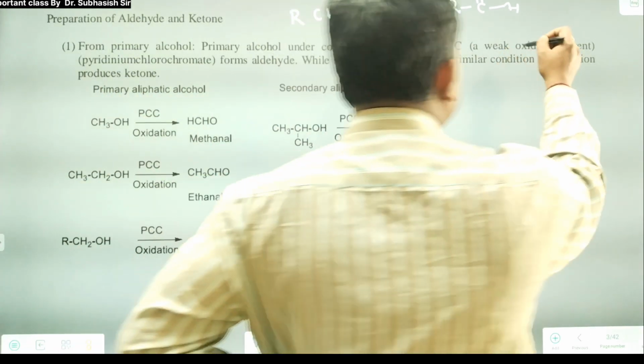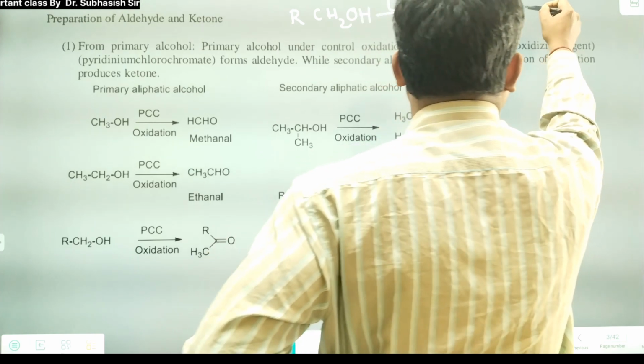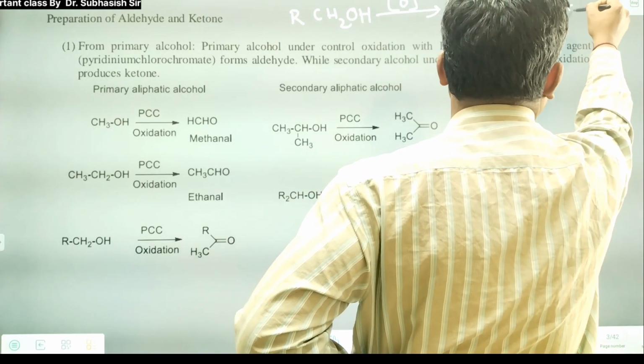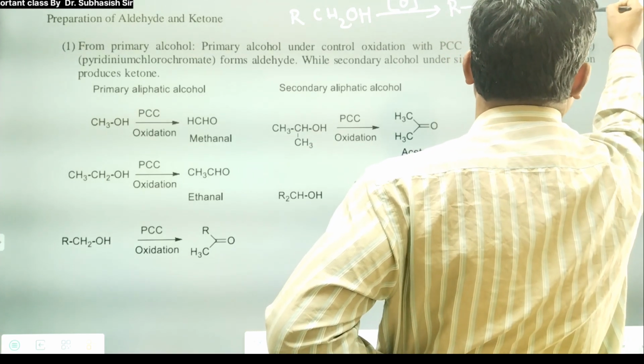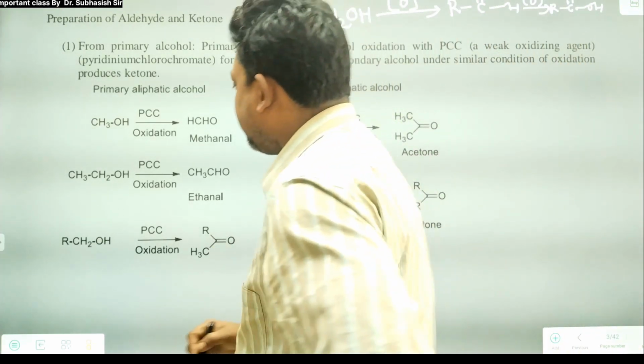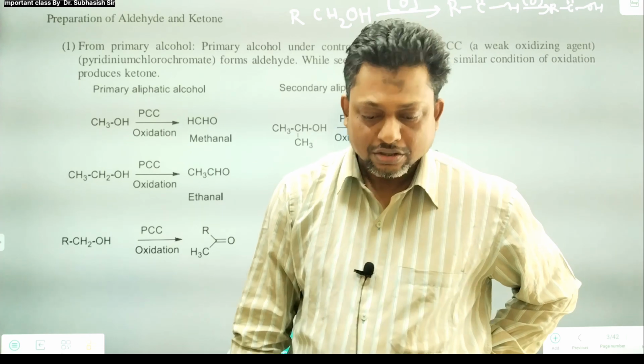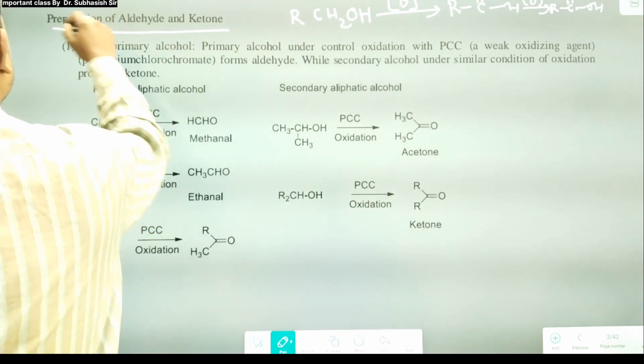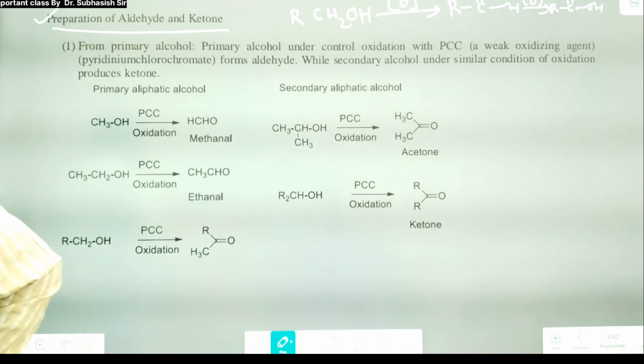Then if you carry out further oxidation, we get RCOOH, that is called carboxylic acid. Now we are discussing the preparation of aldehyde and ketone first.